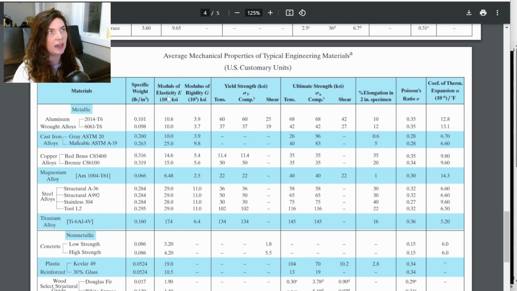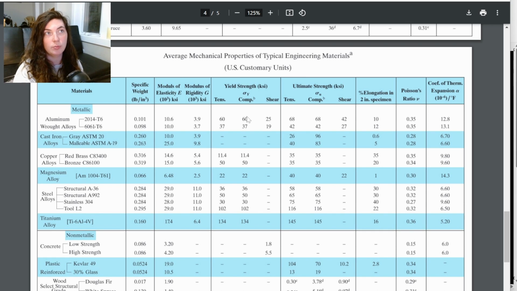I'm just going to write down these values, anything that I see that might be useful. So I'm going to grab the modulus of elasticity, which is 10.6 times 10 to the third KSI. I might as well grab the yield strength while I'm here. It's 60 KSI in compression and tension.